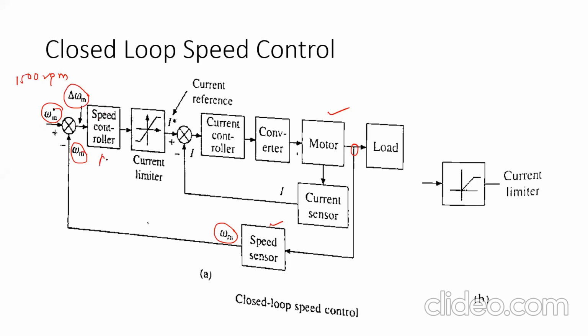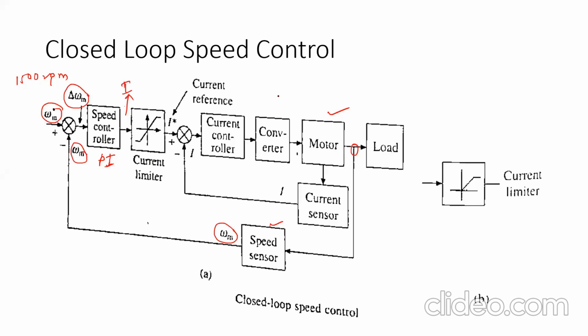Obviously, the speed controller is a PI controller, in the simplest form. This speed controller will set a current. Why? Suppose the machine is running at 1000 RPM and we want to run it at 1500 RPM.